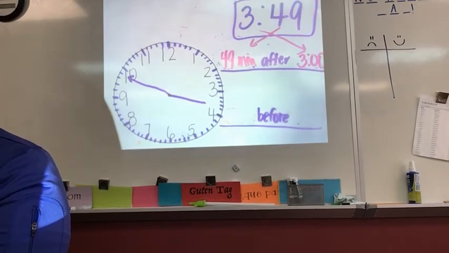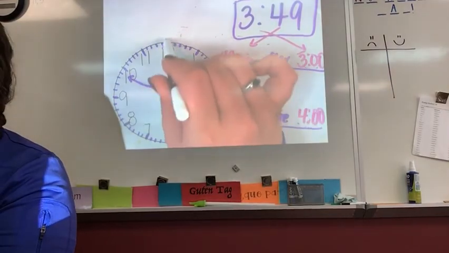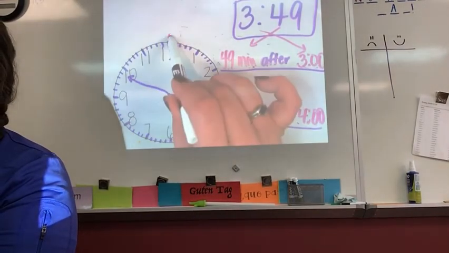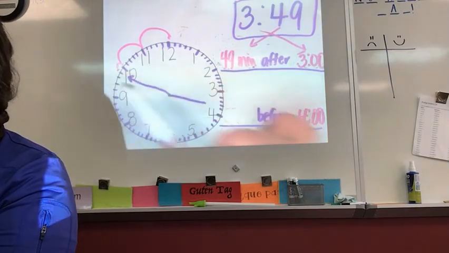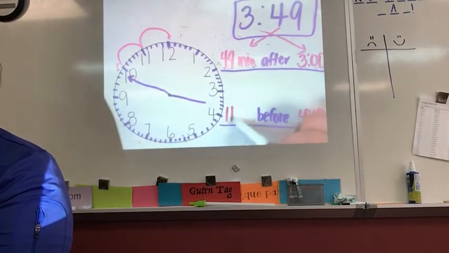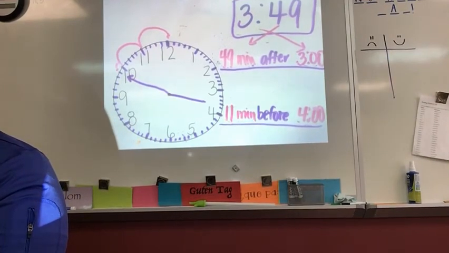That puts us in between 3 o'clock and 4 o'clock. We just need to figure out how many more minutes it takes to get to that 12 and before 4 o'clock. So we'll start at the 12 and count back. 5, 10, 11. 11 minutes before 4.